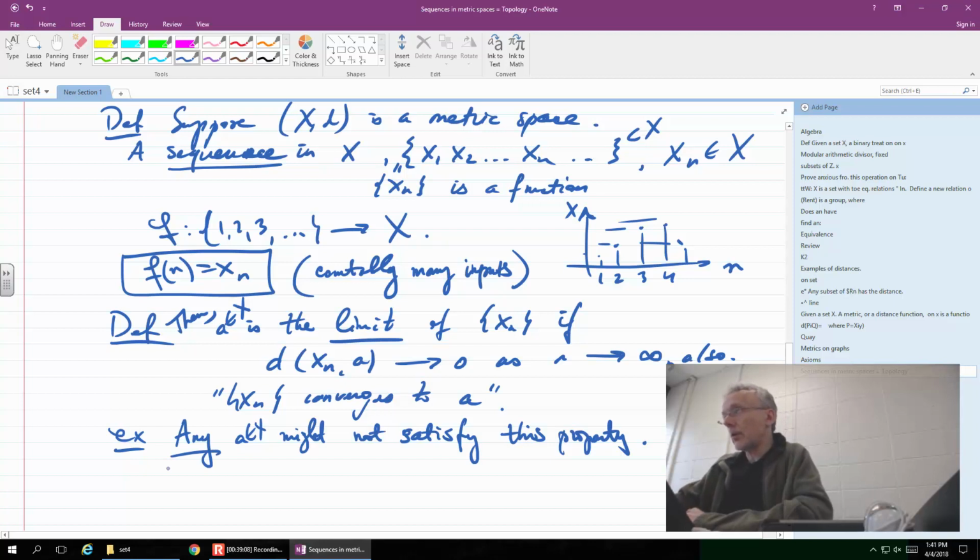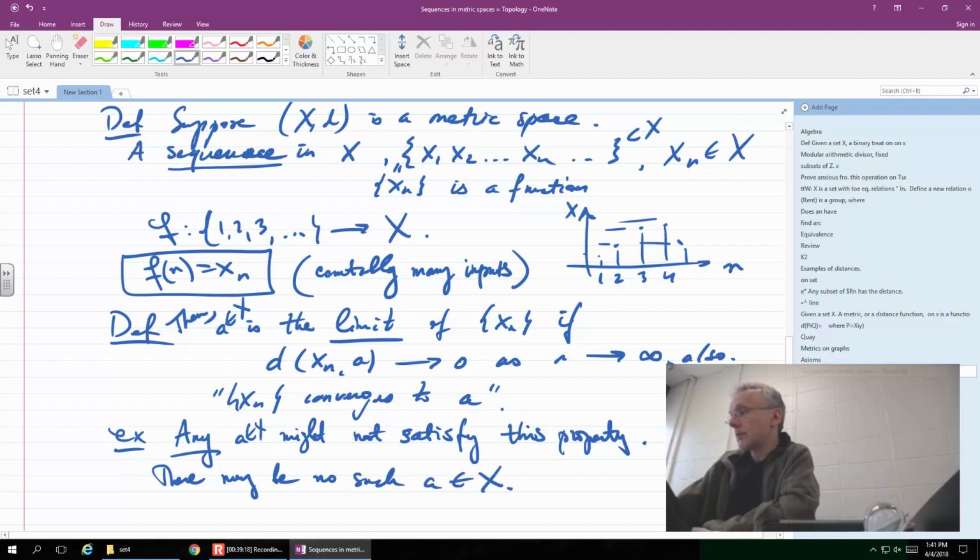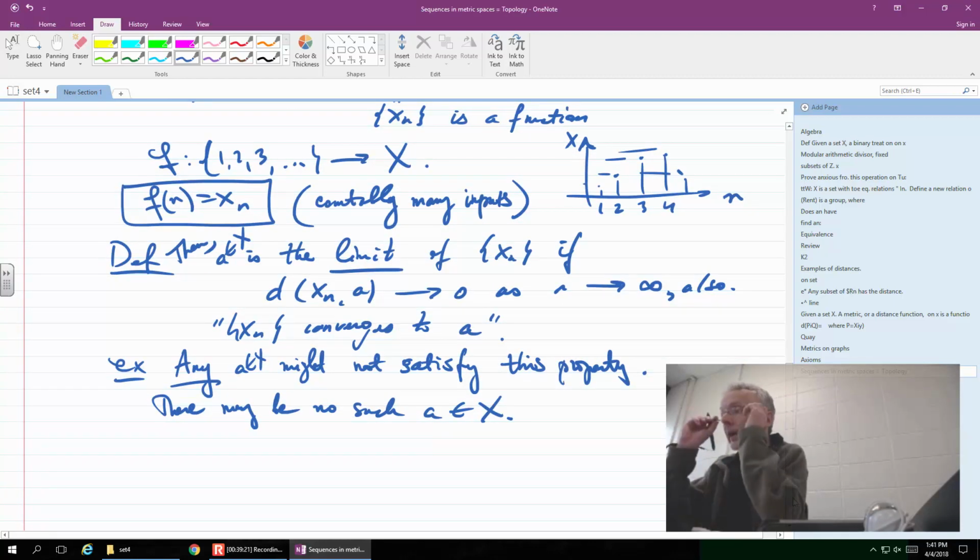There might be no such A in X. In other words, you take every A in X, verify this property, and it fails every time. Sounds complicated, but really if you go back to Calculus 2, you should be able to easily think of examples when this is the case.